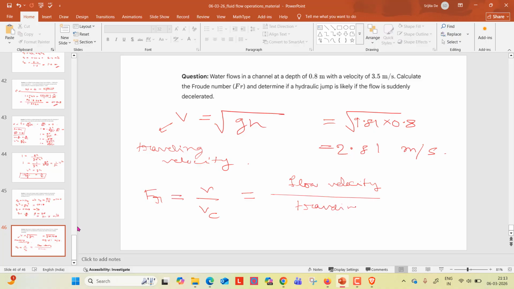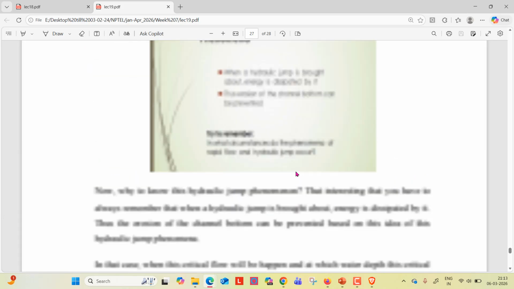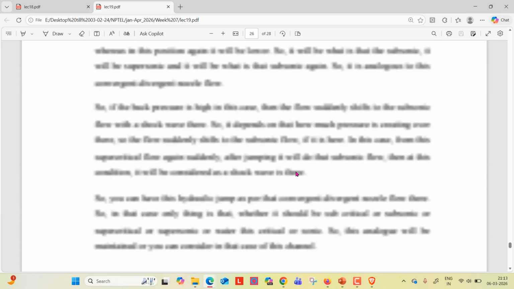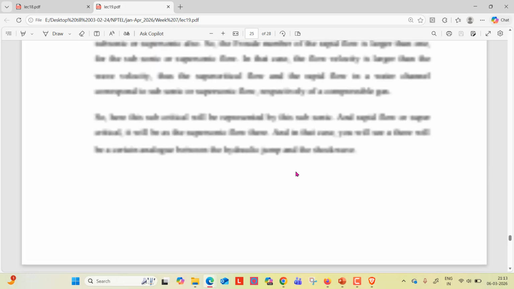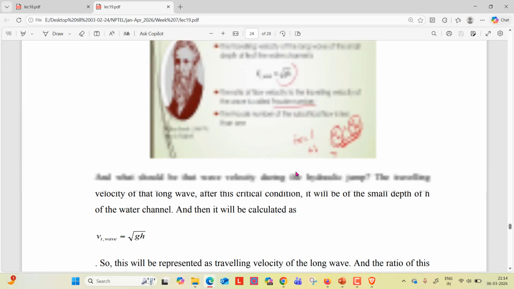I have written the ratio right, I think. Let me check. Flow velocity by traveling velocity, yes.